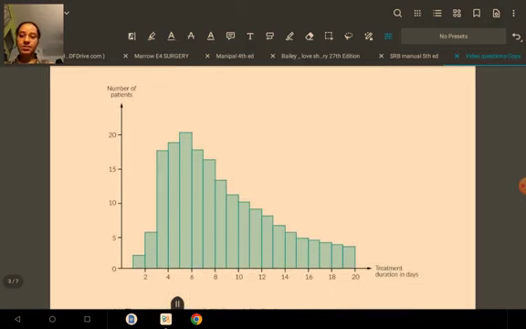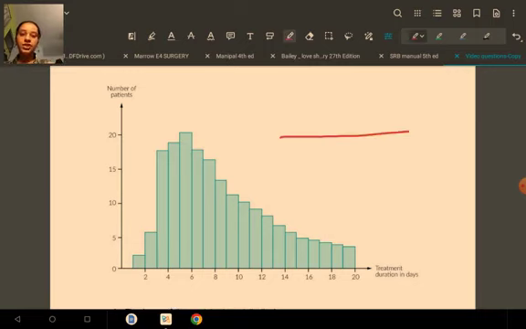We see here they have given us a histogram on the x-axis of which they have plotted treatment duration and on the y-axis the number of patients. Now the thing that is standing out in this data set is that it has asymmetrical distribution. This is not the normal Gaussian distribution.